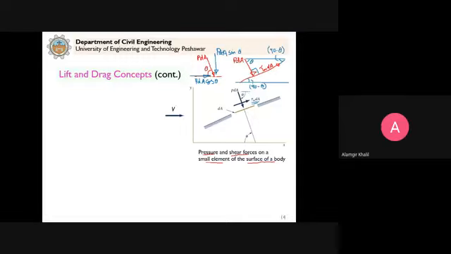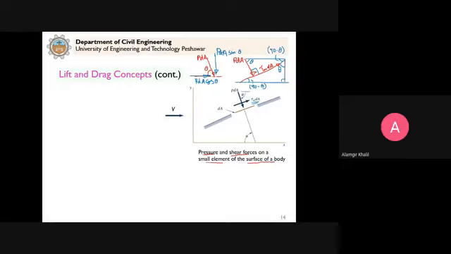And if I draw a vertical line here, and this is 90, this is 90 minus theta, then this angle here will be theta. So now when this angle is theta, we can easily resolve. Clear? Either you can resolve this into tau W dA cos of 90 minus theta and sine of 90 minus theta.